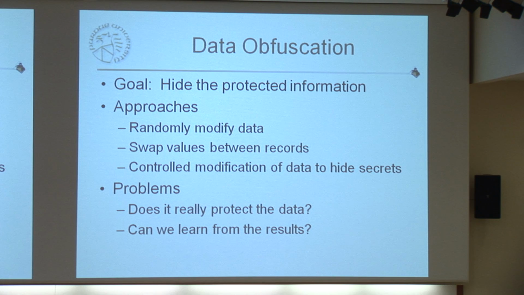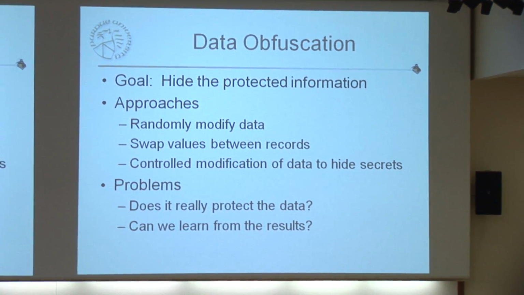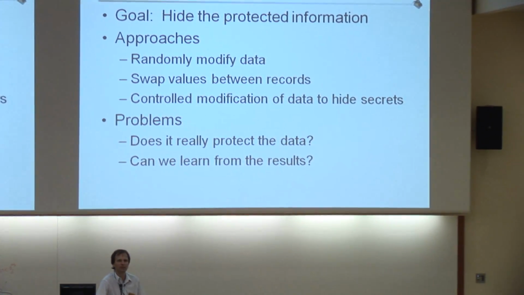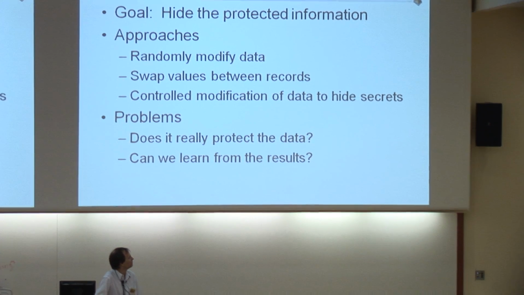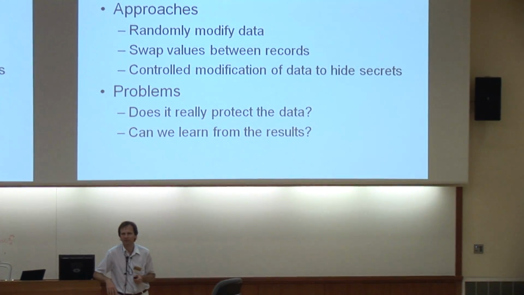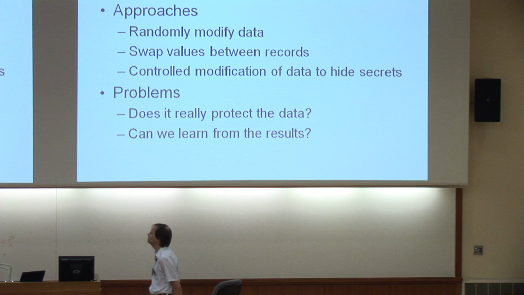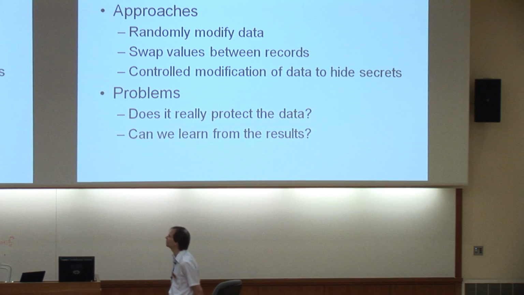Now, there's two problems with this. One, does it really protect the data? How do we know how effective we've been at hiding what we want to hide? And second, can we learn from the results? Well, both of these are challenging issues and can be addressed somewhat separately.